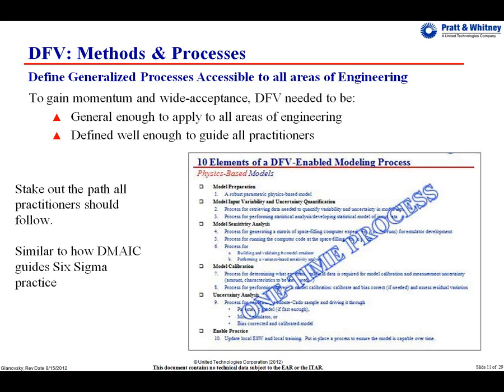This is similar to how DMAIC guides the Six Sigma practice. And the idea, when we advertise this to them, is it's something you only have to do once. For any model, yes, this is going to be a bit of work, but if you go through it once, you have a tool you can use from here on out that's capable of doing so much more than your original was.